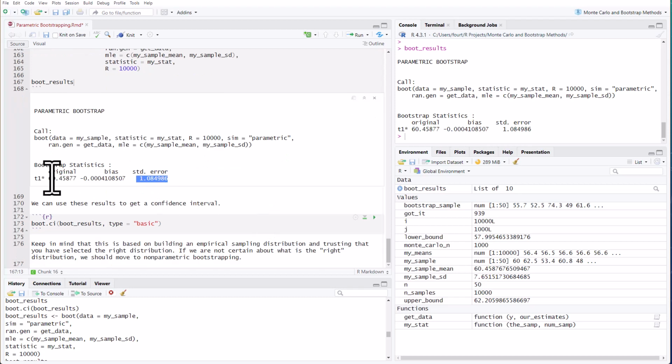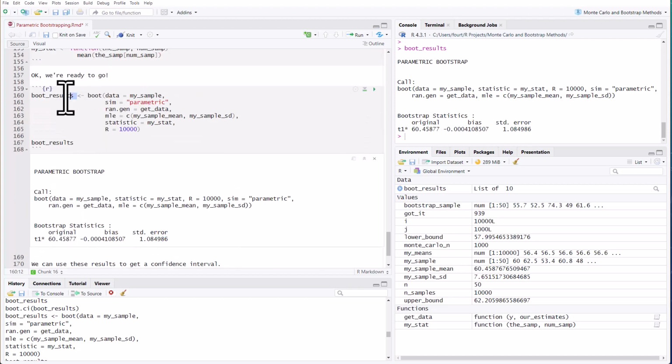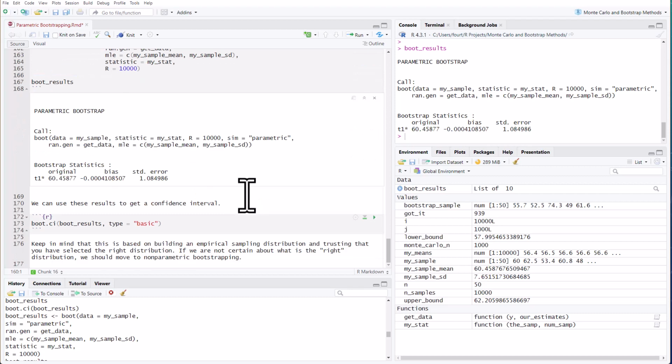To get the confidence interval, notice I stored the results from boot in boot results. There's a number of things that we can get. We can look at the sampling distribution. I'm just going to go ahead and get the confidence interval. And there are multiple types of ways that it will generate those. I'm going to use the basic way, which is the way where you cut off the 2.5%. And by the way, 95% is the default for the confidence interval.